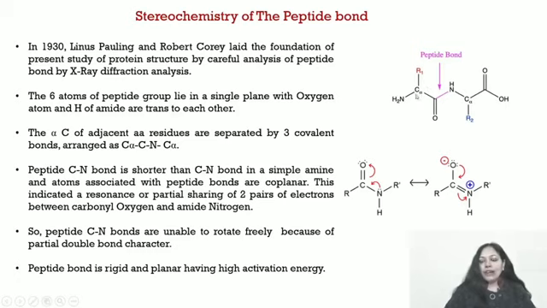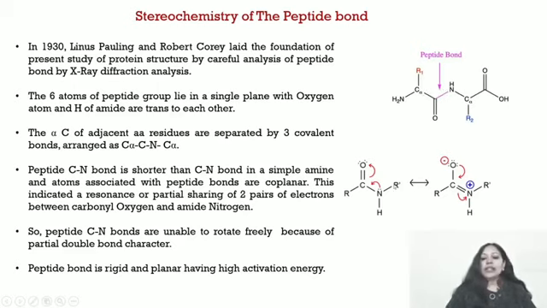Let's have a look at the alpha carbons of both amino acids, which are apart by 3 covalent bonds: C alpha to C, C to N, and N to C alpha. So the alpha carbons of adjacent amino acid residues are separated by 3 covalent bonds. But we have to discuss the peptide bond right here. They found that the peptide C-N bond is shorter than the C-N bond found in any other moiety.